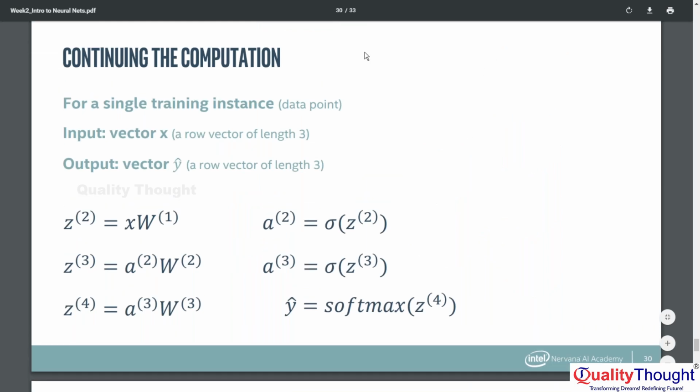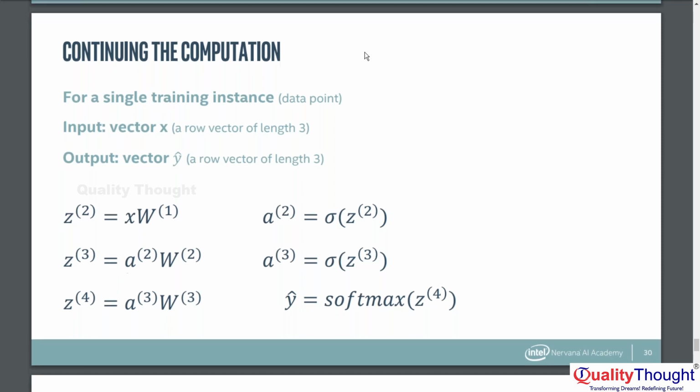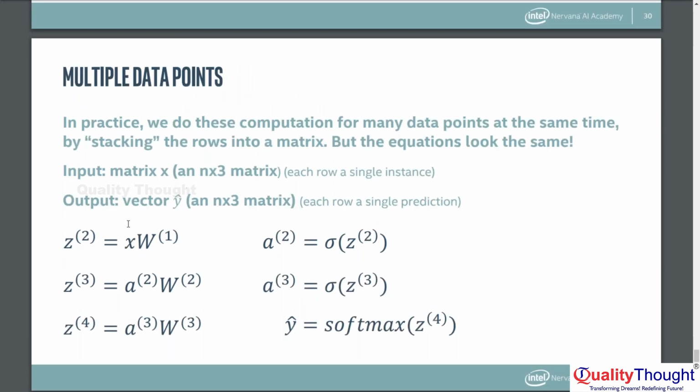So this is all for one particular training instance. Hence we are going to see multiple data points as input in a matrix, and you get the output as a vector, single predictions.